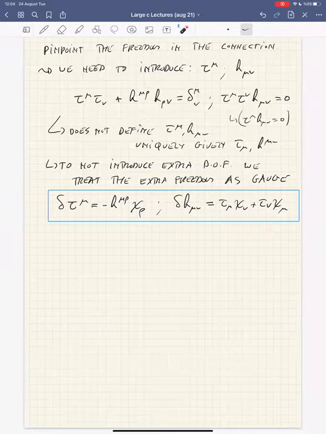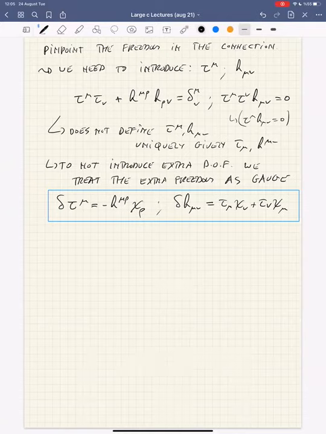So the linearized infinitesimal gauge transformations are these. So introduce them by hand. All right, good. So you can choose whatever tau upper and h lower you like. In the end, if our expressions are gauge invariant, then it doesn't matter which one you choose. The physics will be independent of that choice. So that's great.